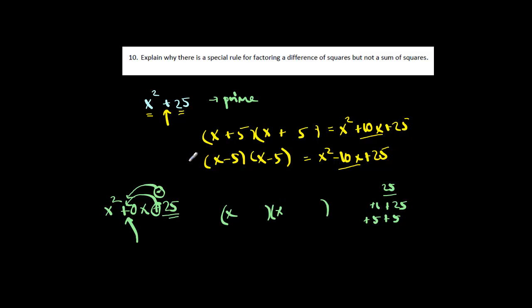This is factorable over the set of imaginary numbers or complex numbers, because if you solve for x, you get positive or negative 5i. So technically you could write x plus 5i times x minus 5i. That's factorable. But again, it's over the set of imaginary numbers or complex numbers.